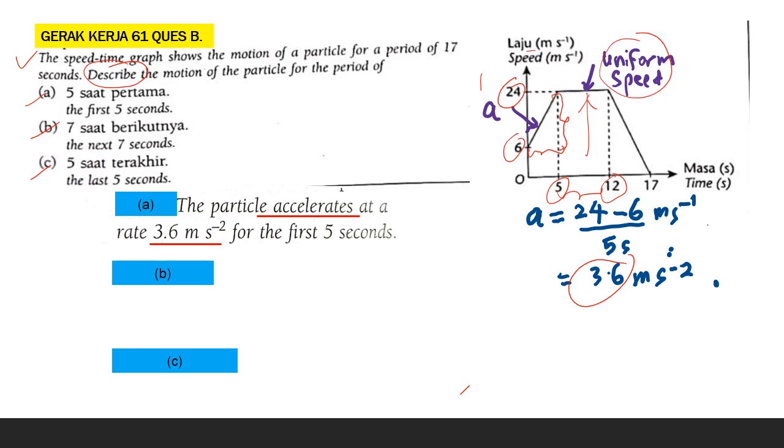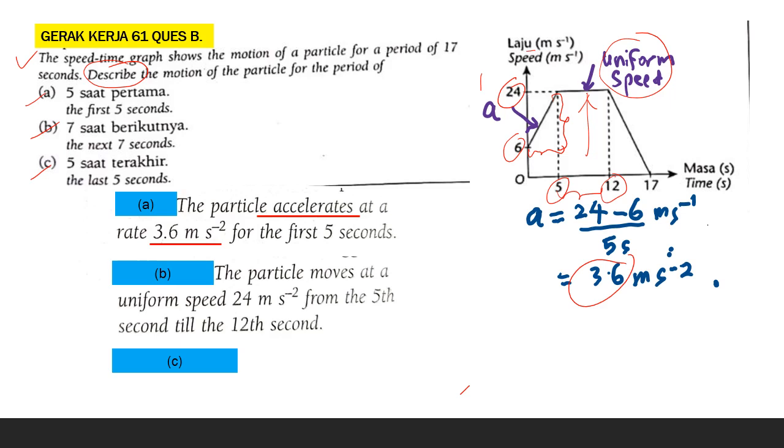You can see it is parallel to the x-axis, it doesn't change. So this is quite easy. You just say the particle moves at a uniform speed of 24 meter per second from the 5th second to the 12th second.